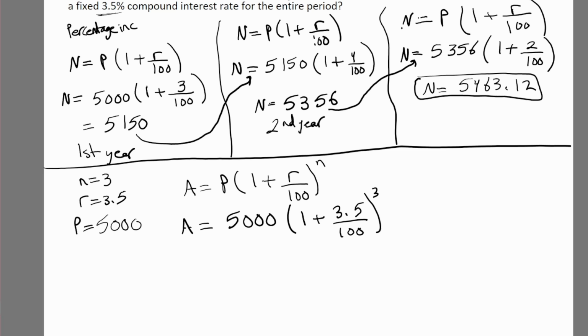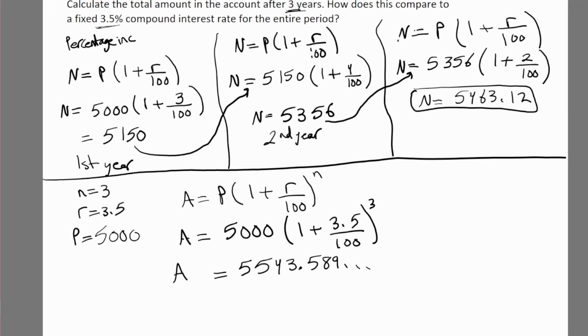Now I'm going to write these numbers down on my calculator, and we get 5,543.589 and a bunch more decimals. Okay. So as you can see, with compound interest at this rate, we actually get more money. We would have a higher total amount of money at the end.